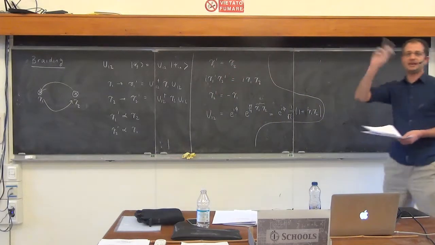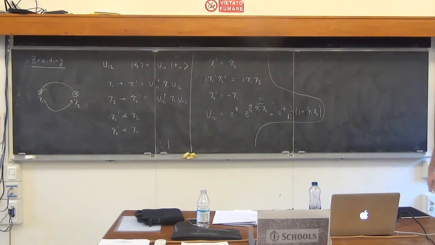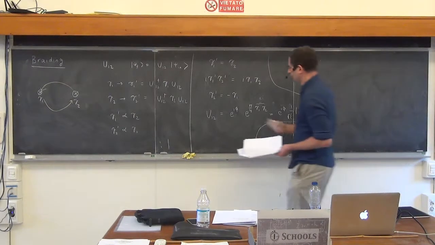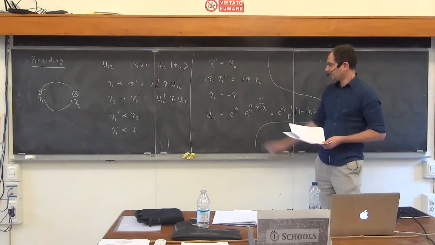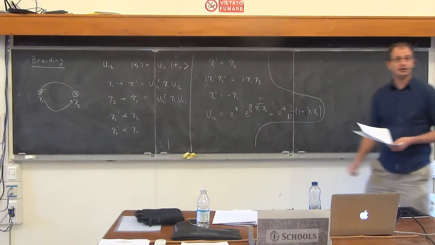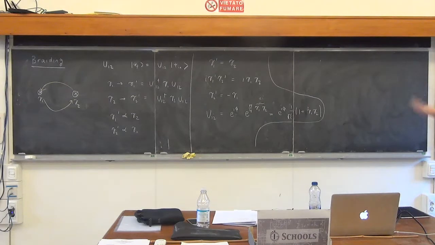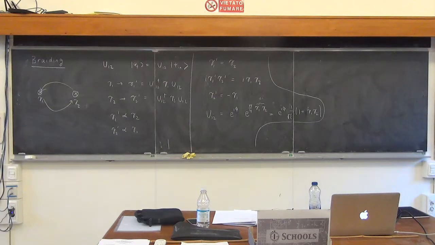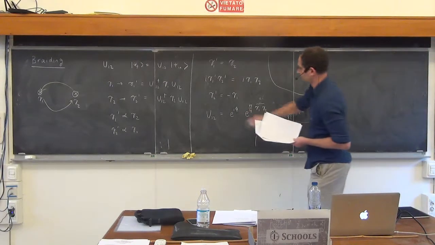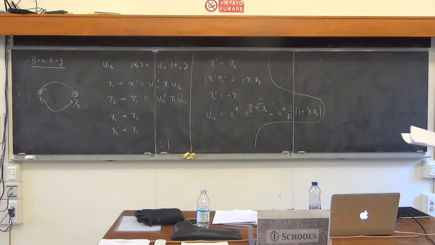There's some dynamical phase that I accumulate. If you think about the adiabatic theorem, the phase that you get is a Berry phase plus a dynamical phase. This phase over here actually knows about that dynamical phase in a way. So without specifying what exactly the path is here, which I haven't, I actually can't tell you what this phase is. And you can ask, well, what about the Berry phase?